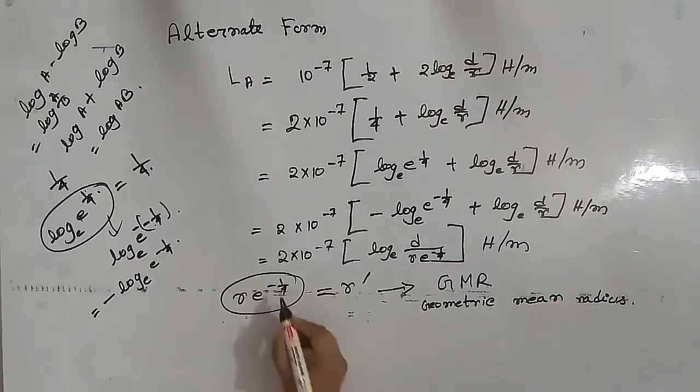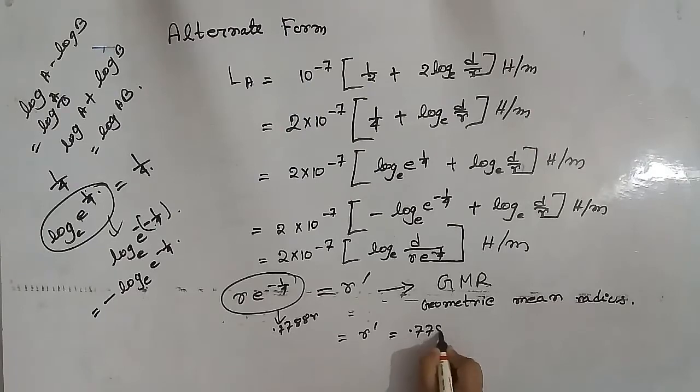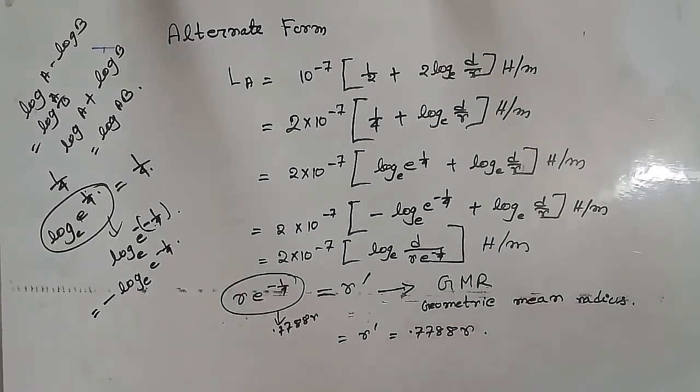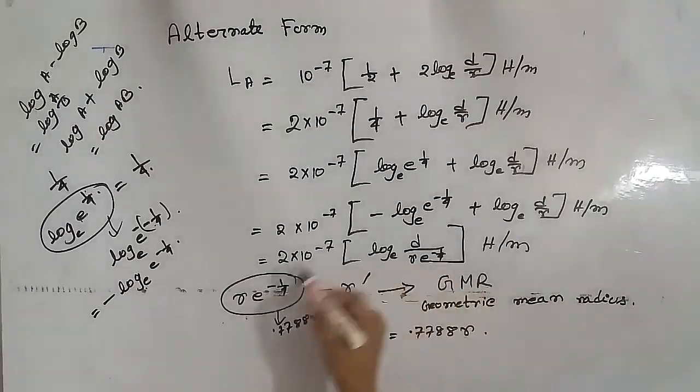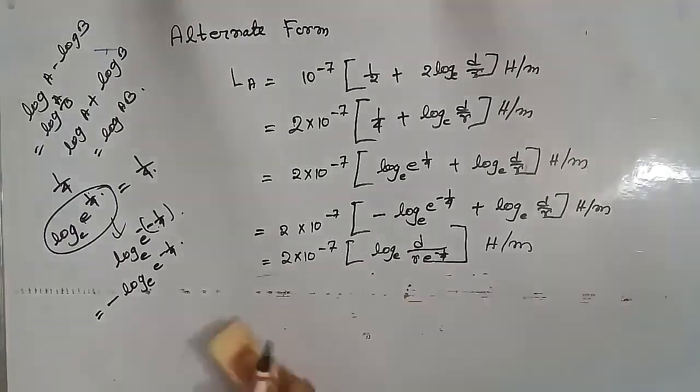The value of e^(-1/4) is 0.7788, so r dash equals 0.7788 r. Now r dash is applicable to only solid round conductors. What is the inductance of a conductor?